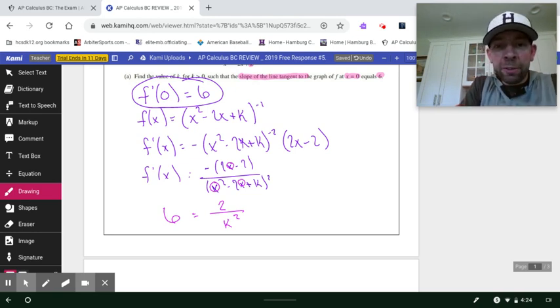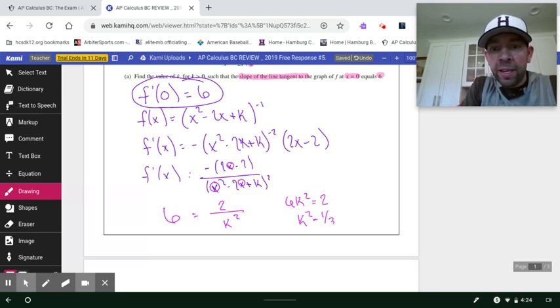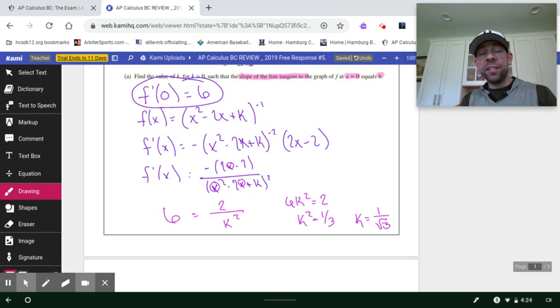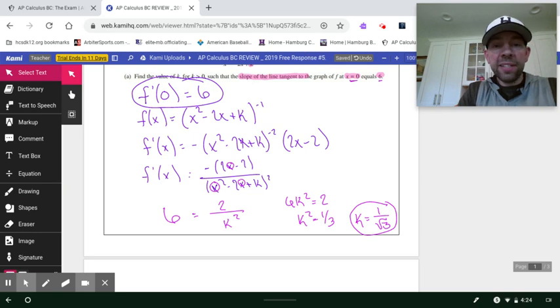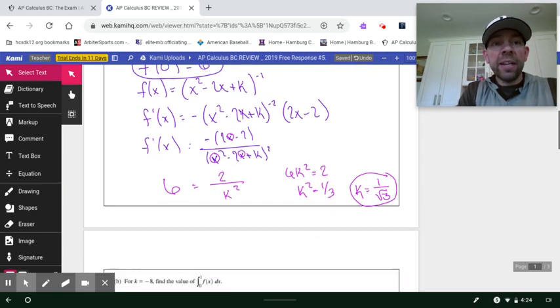And by the time I cross multiply, I get 6k squared equals 2, k squared equals 1/3, and k equals the square root of that, or 1 over radical 3. You don't have to rationalize it. You could, but you're taking on some unnecessary risk. And so this is the k value such that the tangent line at x equals 0 would have a slope of 6. Okay, so that's it for the AB type of question.